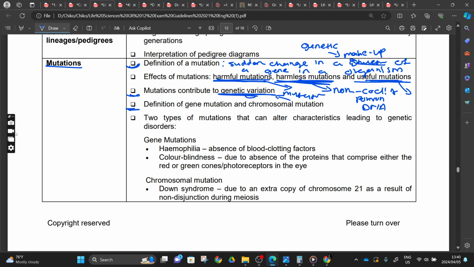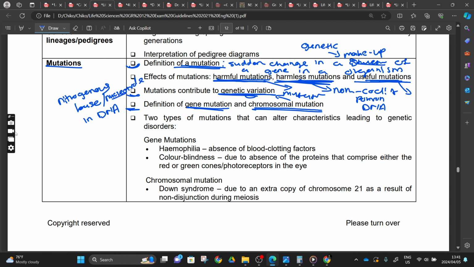From there we did the definitions of gene mutation and chromosomal mutation. I told you that there's a difference when they ask you to define mutation, gene mutation, or chromosomal mutation. A gene mutation is a mutation happening at gene level, on the nitrogenous bases or nucleotides in DNA.